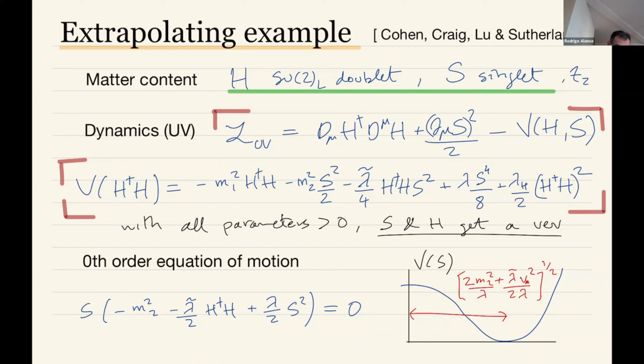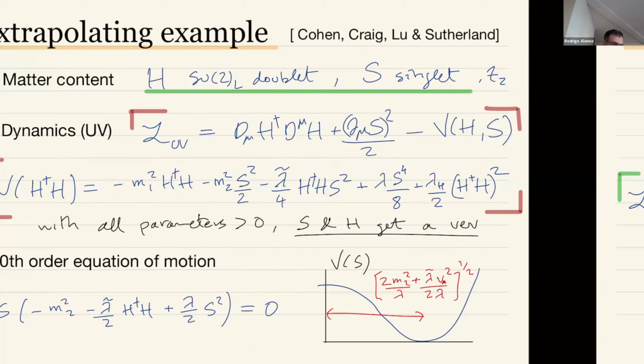Right, so we have that this scalar singlet takes a VEV, stays at some finite distance from the origin, its potential looks something like that, and that distance is given by both that M2 squared term and the VEV that the Higgs doublet takes.